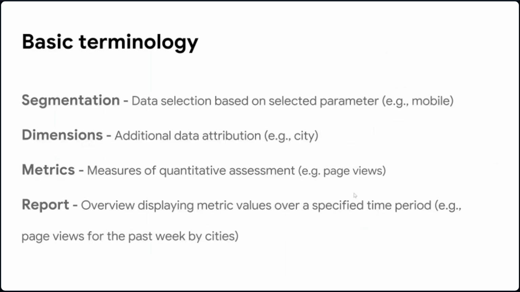And you can create these segments based on different parameters. So you can, for instance, create a segment of people who visited the page from a mobile device, right? And you can use this segment in any report, and then you will see all traffic, and next to that you will see just traffic from that segment, right? If you apply that segment, you will see data just for those people who came from a mobile device, or you can create a segment for different countries or different browsers, or almost anything you want, right?